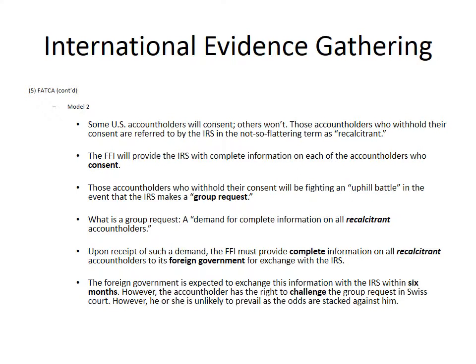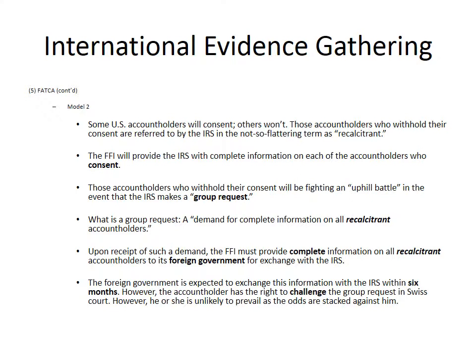Upon receipt of a demand, and by the way, this group request is submitted by the IRS to the bank. When the bank receives this group request, it must provide complete information on all recalcitrant account holders, not to the IRS, but to its foreign government for exchange with the IRS. So this is a very fine distinction.